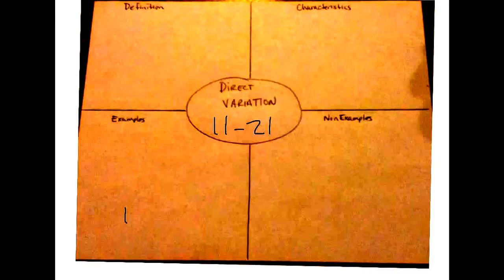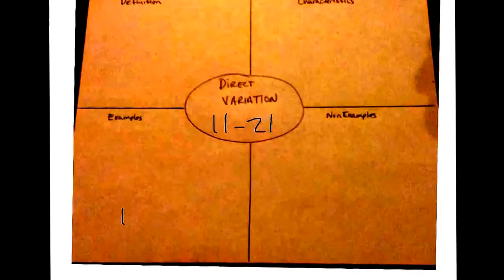It shouldn't take long because we're just going to do the four corners of our Frayer model just so we get an idea of what direct variation is.